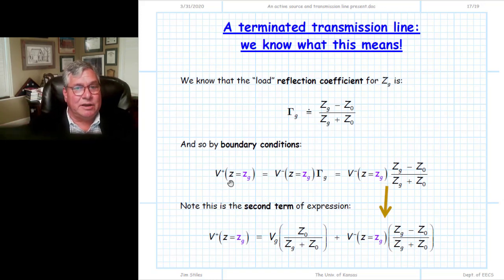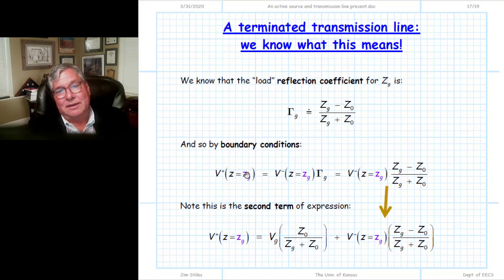The reflected wave here now is propagating back up the transmission line in the direction of increasing z, and so we call that V plus. And so the V plus, the wave that is propagating in the direction of increasing z, is the wave that's reflected due to this incident wave, the minus going wave, essentially the source wave in this second term. And so this is the result that we get.